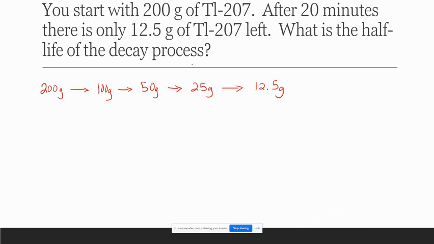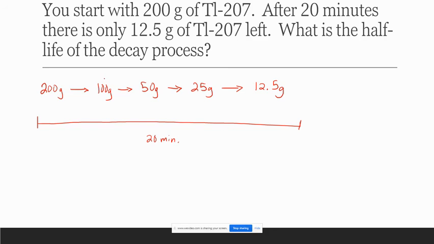But that doesn't answer our question. They're asking us what our half-life is. Well, what they've told us here is this whole process has taken 20 minutes to occur. So we need to take how many times we divided this and divide 20 by that.